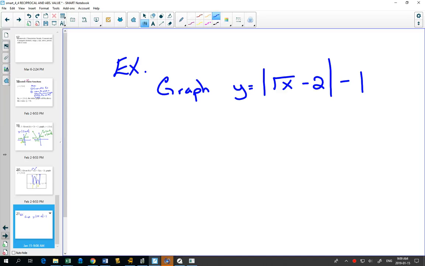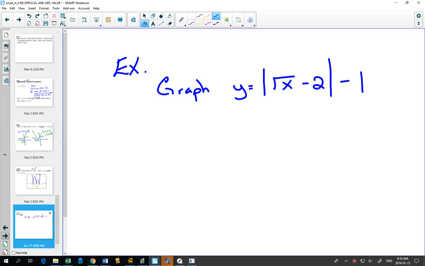So what did we do with absolute value functions? We graphed the inside first and then flipped what was below above. What does that minus 1 do at the end? That's a translation down 1. So now we have to decide, how do we put these things together? How do we do this absolute value and the translation together?